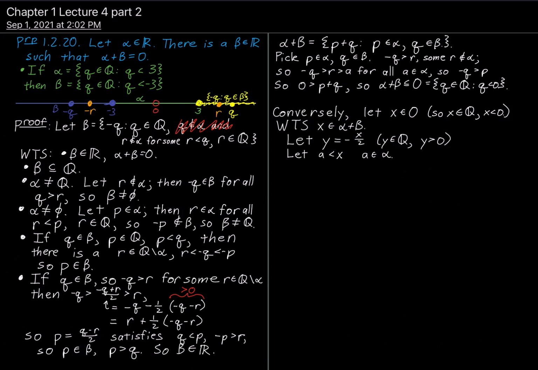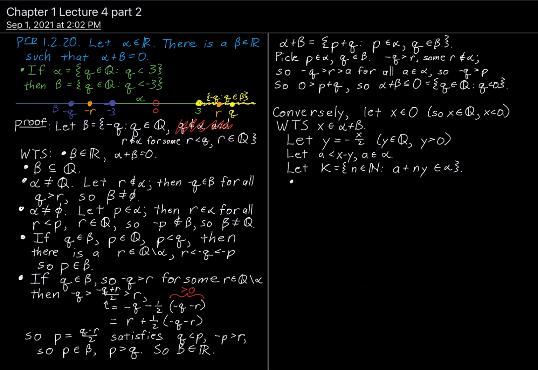Actually, let's go ahead and make a less than x minus y, even smaller. And we're going to let k be the set of all natural numbers n such that a plus n times y is in alpha.